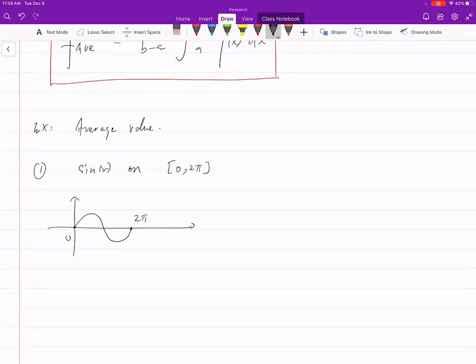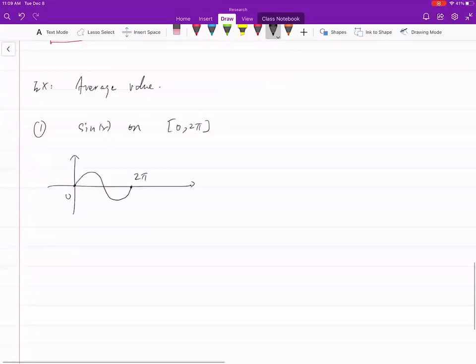What do you think the average value will be? Zero, right? Part of it is above, part of it is below, and they're exactly the same. So if you take the average, they cancel out. It's 0. Okay. Now, by our formula, let's see, do we get the answer?